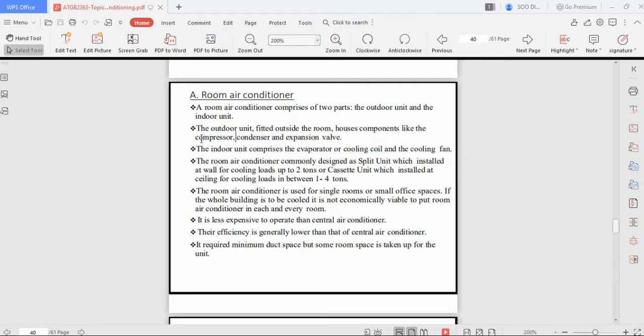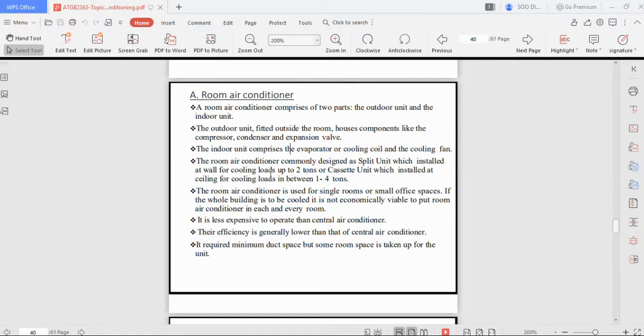The compressor will compress the refrigerant at the condenser. At the condenser, heat will be released, and then the expansion valve will reduce the pressure of the liquid into gas, and then it goes to the evaporator. The evaporator is the area where the indoor unit, which is your aircon, is blowing the cool air into your room.